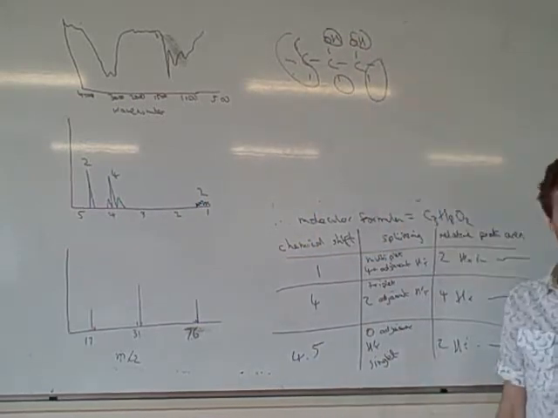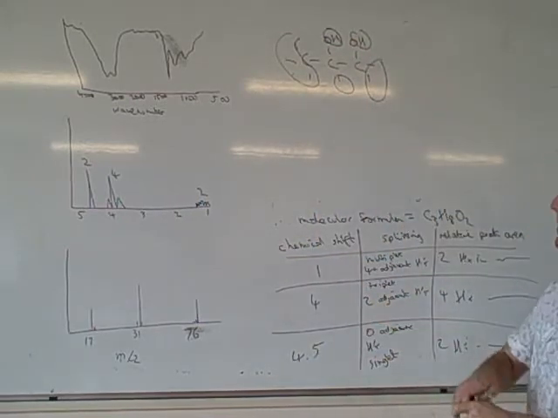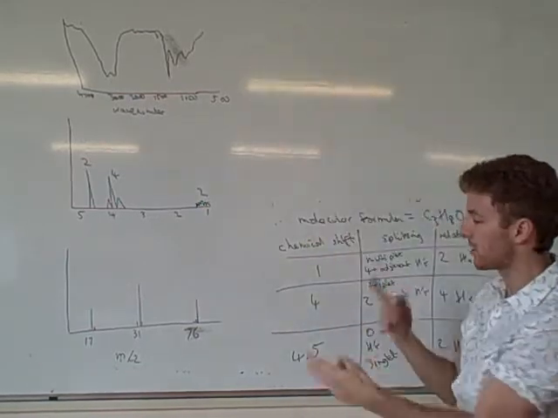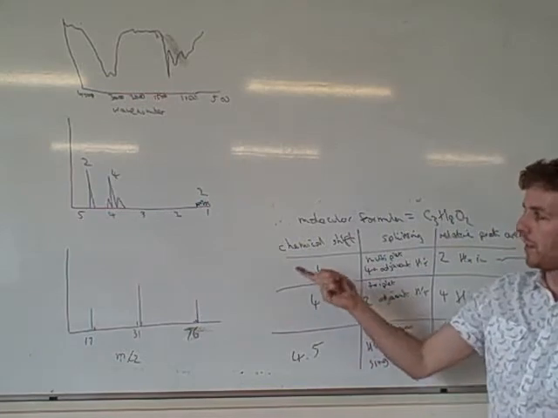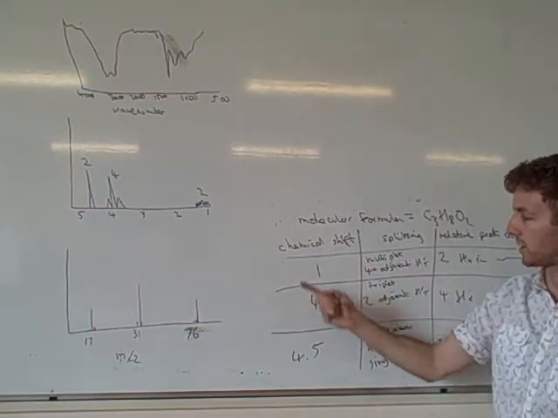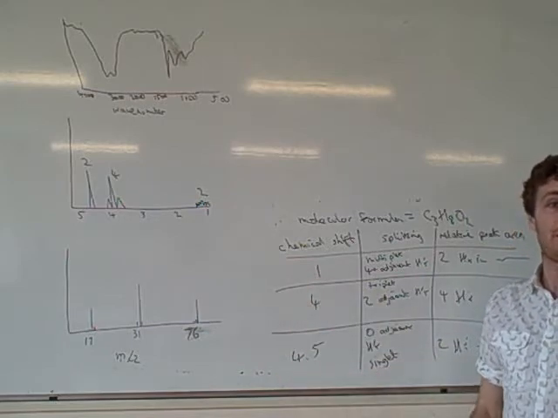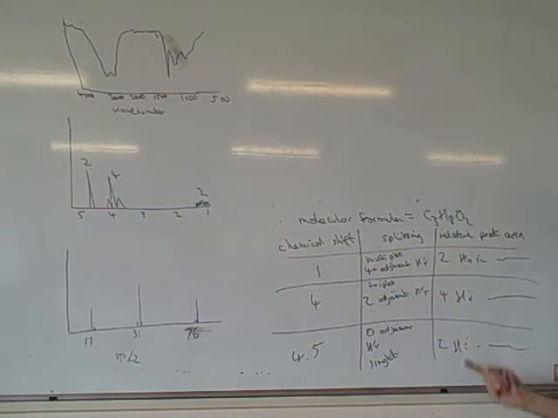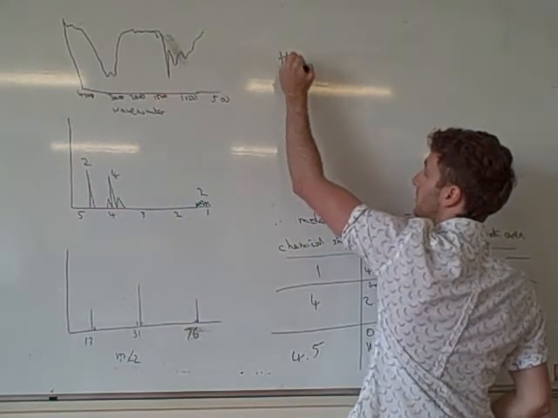So 1, 2, 3, 4, 5 environments. Again, it doesn't fit. Let's try again. Just keep on having a stab, keep on changing it so it fits. Now, that was fairly easily identifiable as the wrong answer because I had a different amount of environments. If it did have 3 environments, I'd need to check my splitting and my relative peak areas to see if they were correct too. So let's try this one.